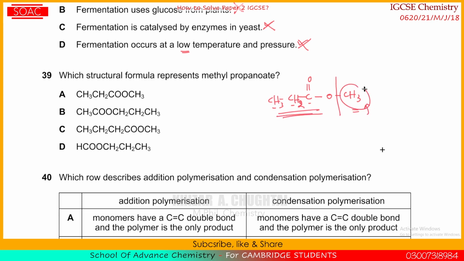The side having no double-bonded oxygen is written with YL, and the side having both oxygens is written with OATE. So this is methyl propanoate. Which one is the correct option? CH3OOC CH2CH3. A is the correct option.